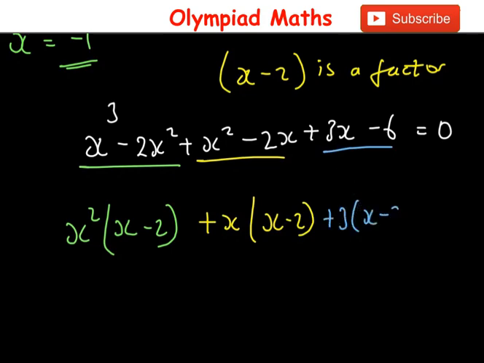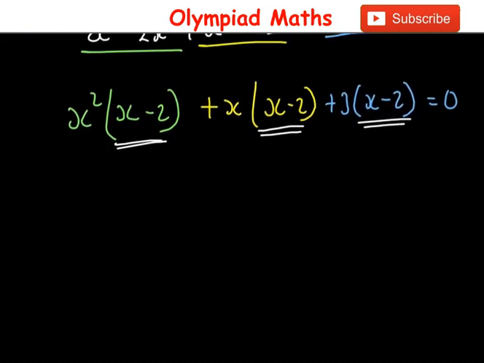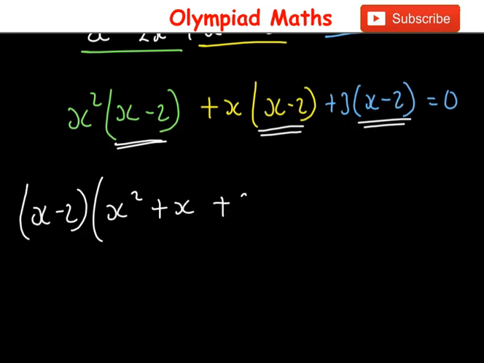We have x minus 2. This equals 0. So looking at this, we have a common factor, x minus 2. So factorize out x minus 2, you have in bracket x minus 2 multiplied by x squared plus x plus 3, and this equals 0.